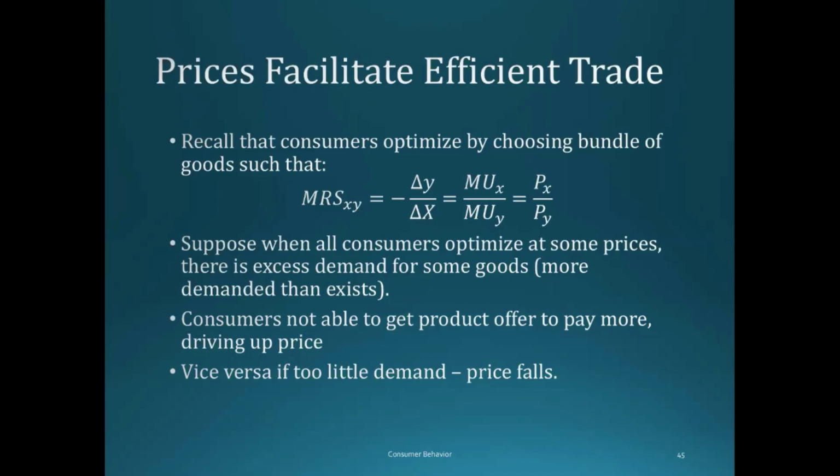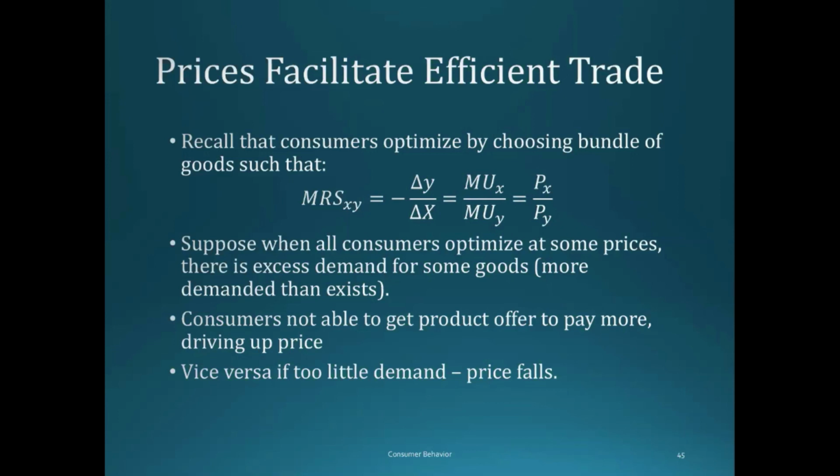Now, if both consumers do that, both of them are going to have a marginal rate of substitution equal to the price ratio, which means that the marginal rate of substitution for each consumer in the market should be the same as for every other consumer in the market. So that suggests that prices should facilitate exchange efficiency.